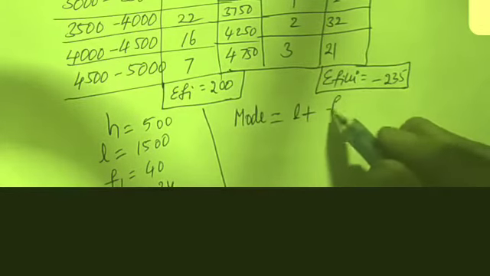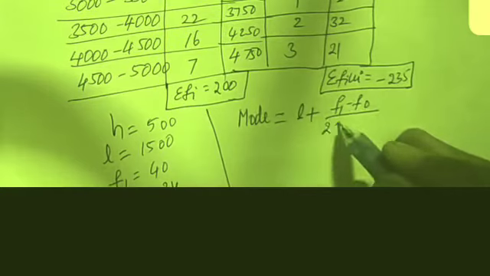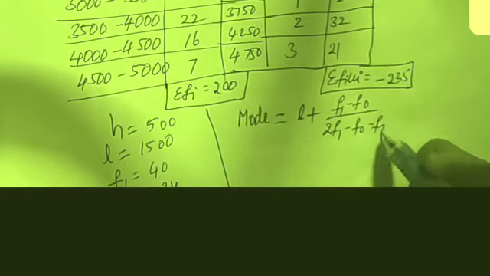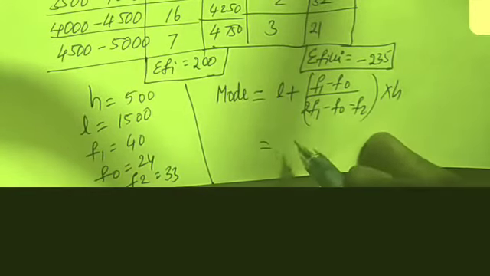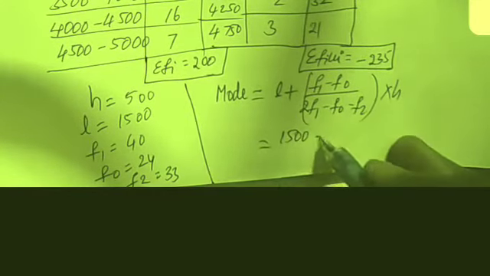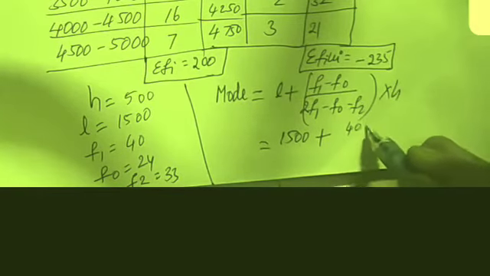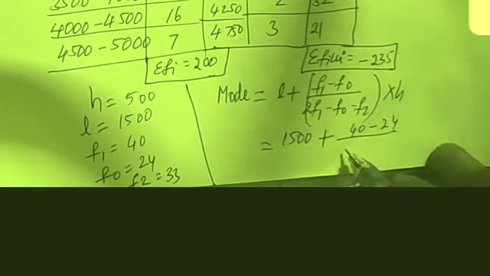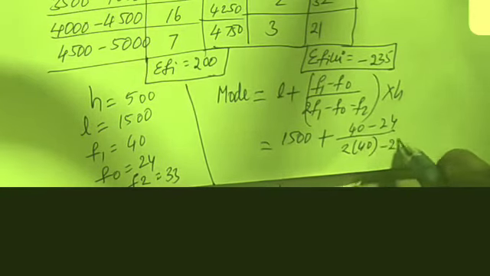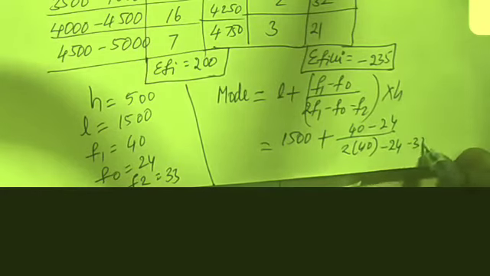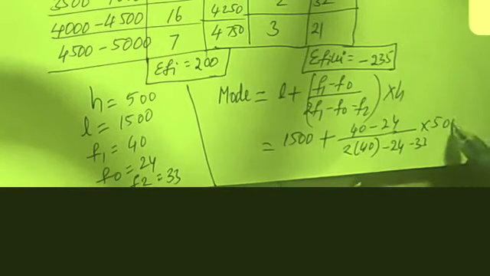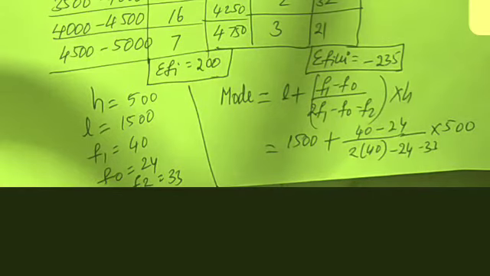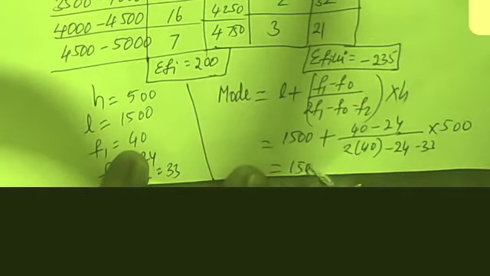Mode equals L plus (F1 minus F0) by (2F1 minus F0 minus F2) into h. F1 minus F0 is 40 minus 24. 2F1 means 2 into 40, F0 is 24, F2 is 33.